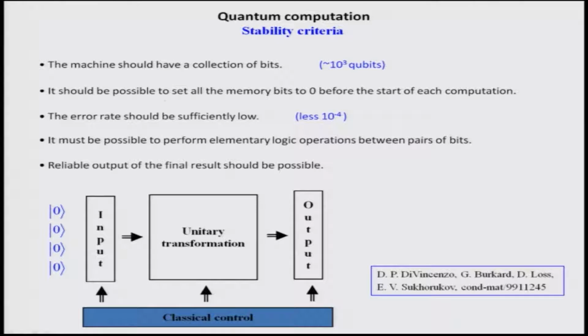It should be possible to set all the memory bits to 0 before the start of each computation. The error rates should be sufficiently small, maybe less than 10 to the power -4 or so. It must be possible to perform elementary logic operations between pairs of bits, and reliable output of the final result should be possible.